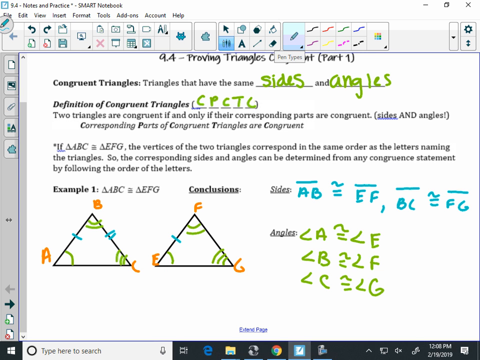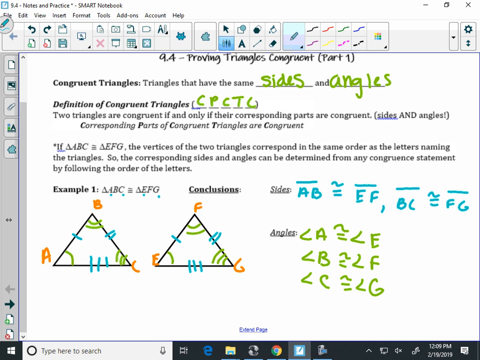And then finally, AC has to be congruent to what? EG. 1 arc, 3 arcs, 1 arc, 3 arcs. Also, if you notice, A is first and C is last. E is first and G is last.